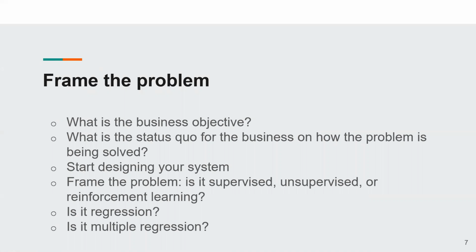And here are some questions that you should be asking yourself, such as what would be the objective, what's the status quo for the problem, and then you start designing, phrasing, and framing your problem. Think about whether this is going to be supervised, unsupervised, or reinforcement learning, or whether it is going to be regression, multiple regression, decision trees, random forest, or some other machine learning algorithm that you want to test on.